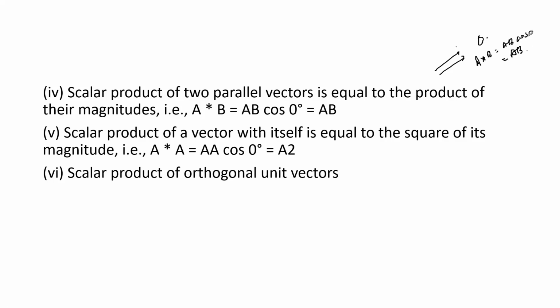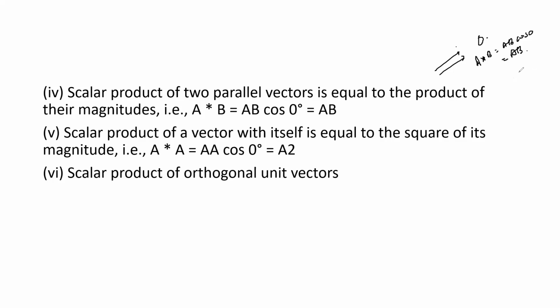Okay. Then the scalar product of a vector with itself is equal to the square of its magnitude. If you take two vectors of equal magnitude, then what happens here?